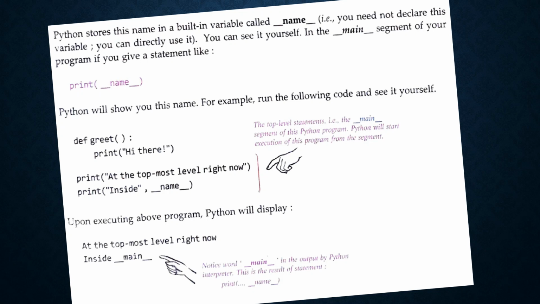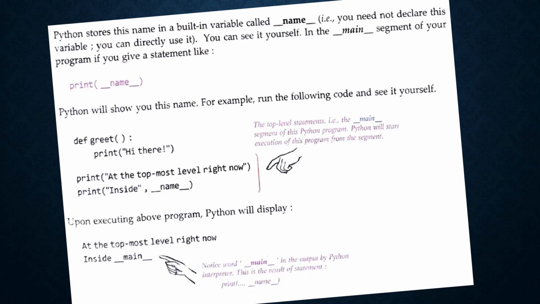Whenever you execute the whole program, the statements outside the function definition, that means print at the topmost level right now and print inside __name__, will be executed first, and next it will execute the function.